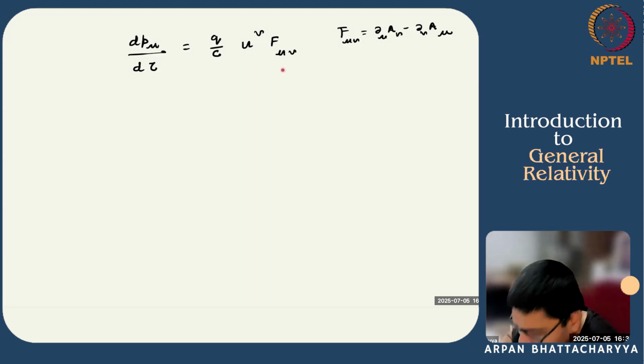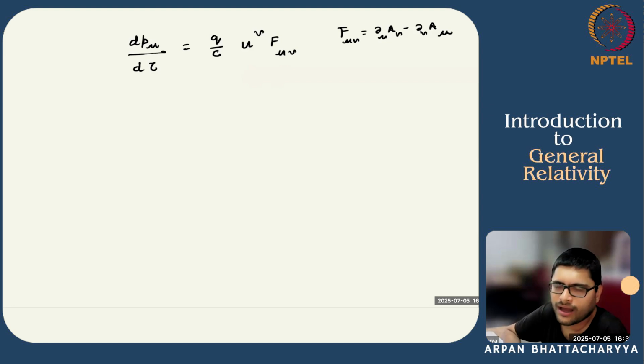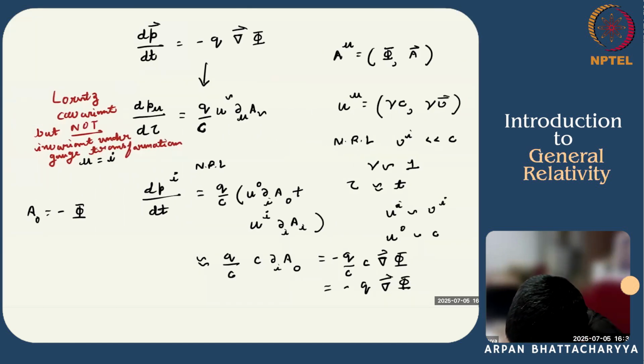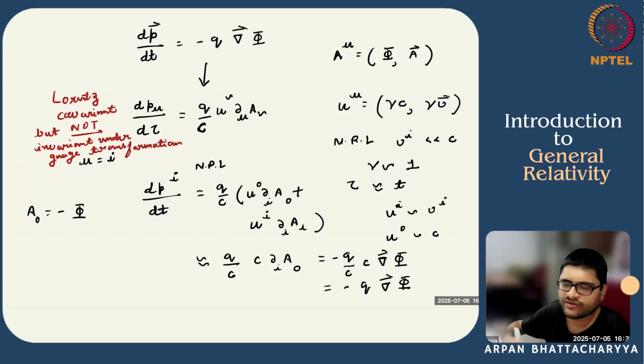But let's rewrite this equation a bit to get a little more insight. Remember, ideally, this equation is the rate of change of momentum sourced by the derivative of the field. If only one term involved a derivative of it, right?